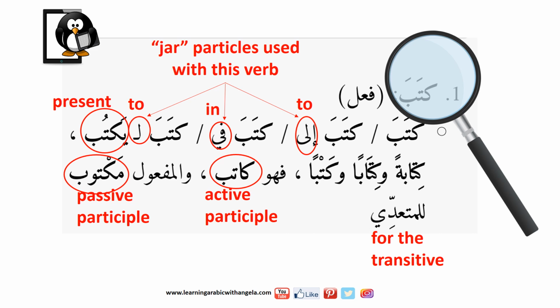And it also gives you the present tense conjugation يكتب, and then it gives you the gerunds or the verbal nouns or the masdar as we call them, كتابة وكتابا وكتبا, and then it gives you the active participle, which is كاتب, فهو كاتب, and then the passive participle مكتوب, والمفعول مكتوب, and it tells you that it's a transitive verb للمتعدي. So متعدي means a transitive verb, that is, it takes up an object.